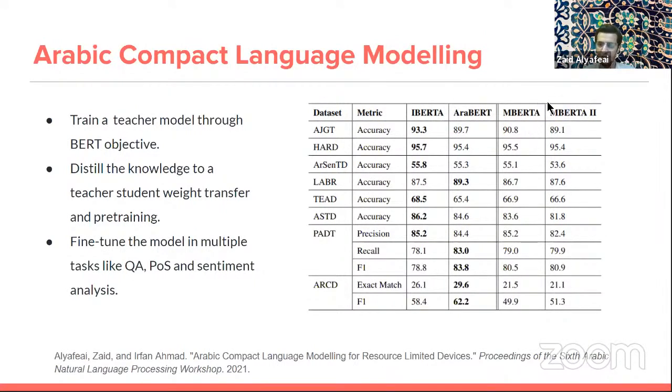On the other two columns, we provide two student models. The first teacher model has around 67 million parameters. The benchmark that we are comparing against, AraBERT, contains, I think, 135 million parameters, and these ones are 30 million and 15 million parameters respectively.